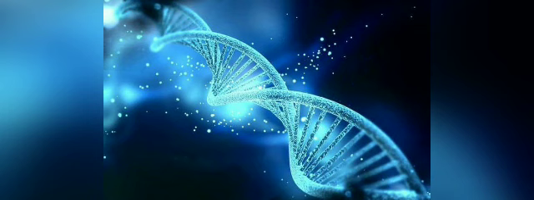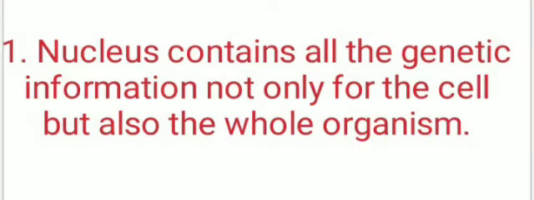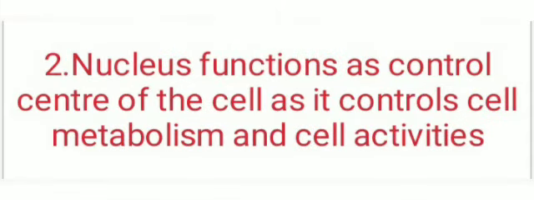Right. Now, let us move to the functions of the nucleus. Let us see one by one. The nucleus contains all the genetic information not only for the cell but also for the whole organism. Right. Next one, the nucleus functions as the control center of the cell as it controls cell metabolism and cell activities.